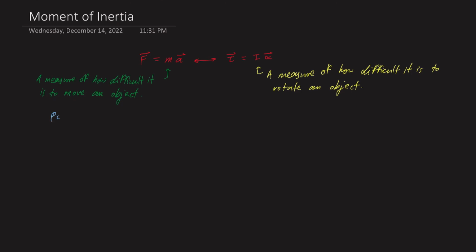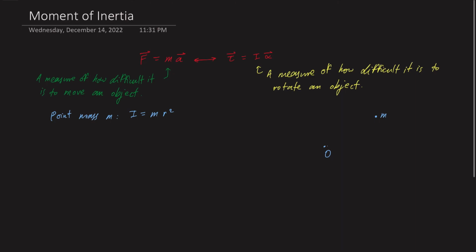For a point mass m, its moment of inertia from some origin is mass times the distance from that origin squared. So if we had an origin here, and say we had a point mass here, call it m, then the moment of inertia of this point mass from that origin is m times this distance squared.